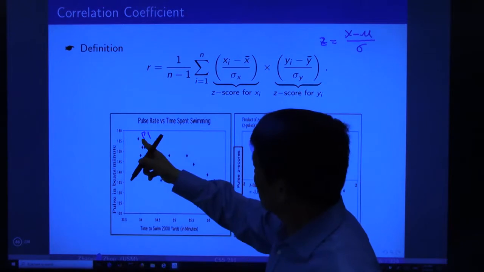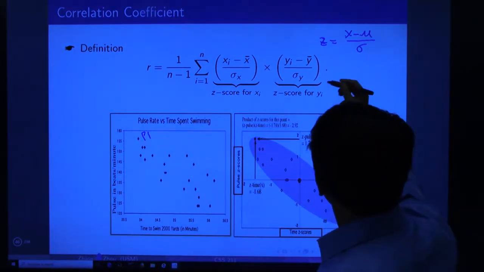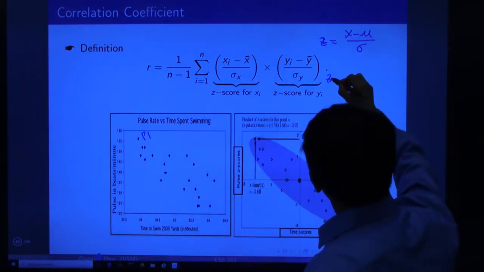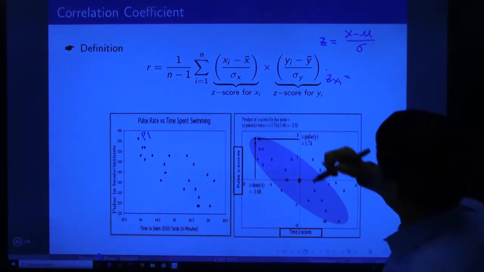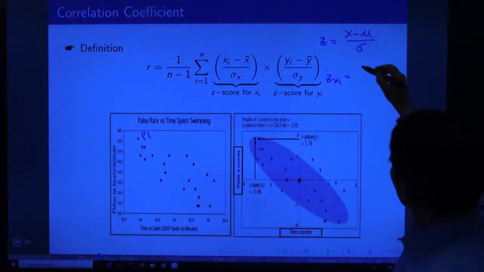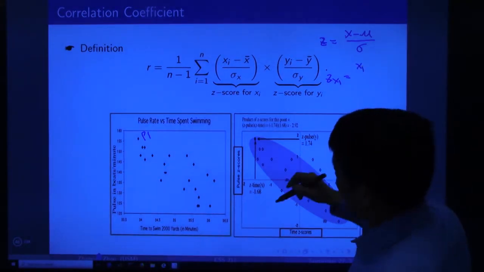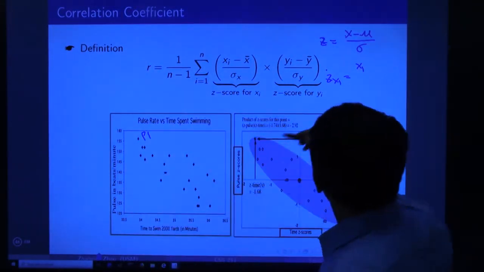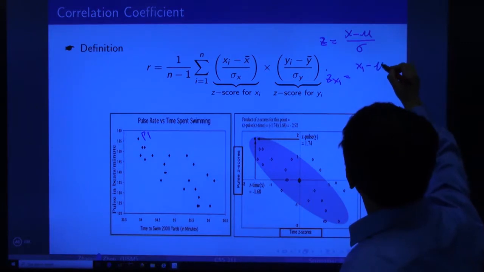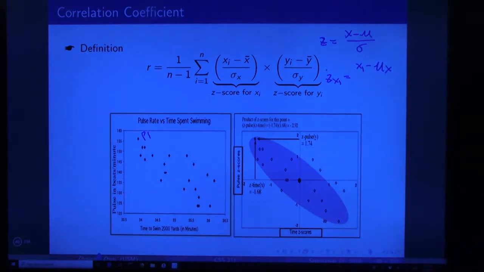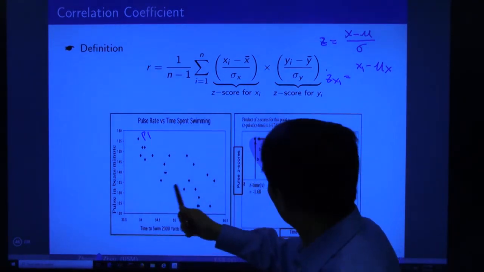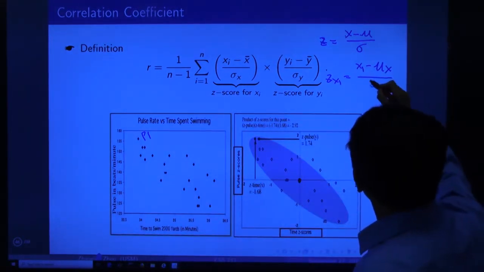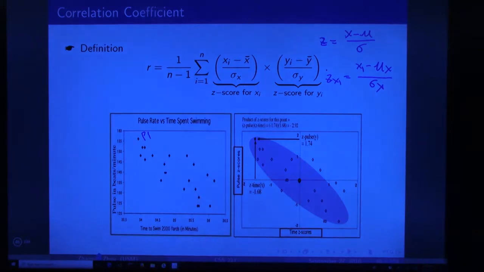For x1, zx1, the z-score for the first point in the x direction, is the x value x1, minus mu x, where mu x is the mean of all the x values, divided by sigma x. Sigma x is the standard deviation for the x data set.